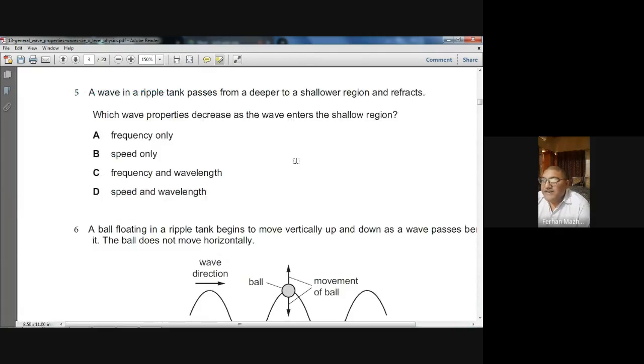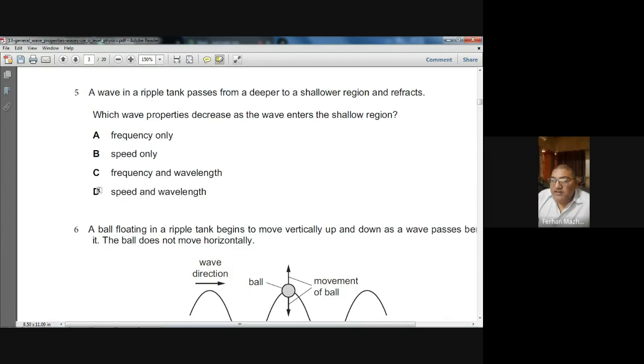A wave in a ripple tank passes from a deeper to a shallower region and refracts. Which wave properties decrease as the wave enters the shallow region? The wavelength will decrease, the speed will decrease, the frequency will be unchanged. So speed and wavelength.